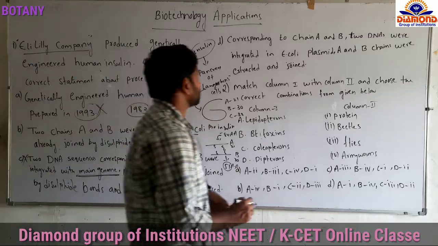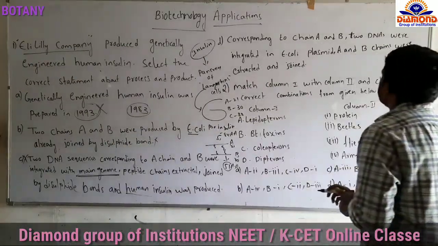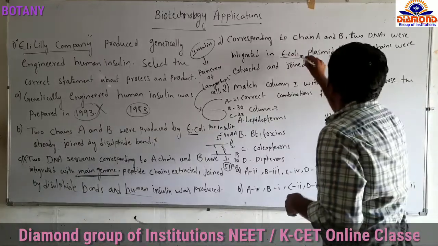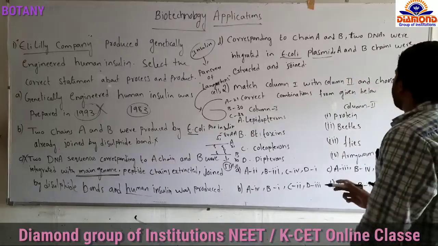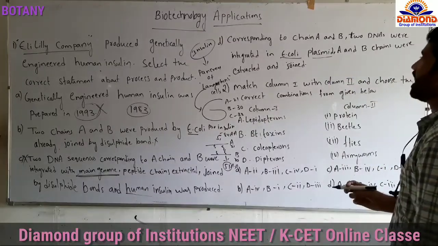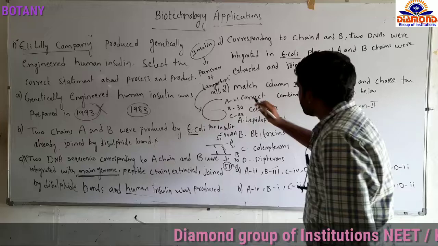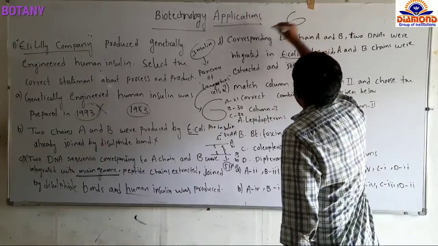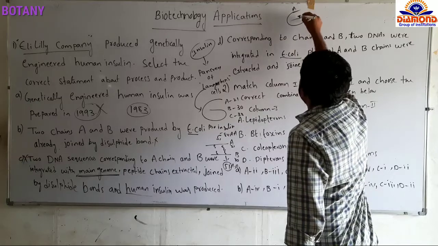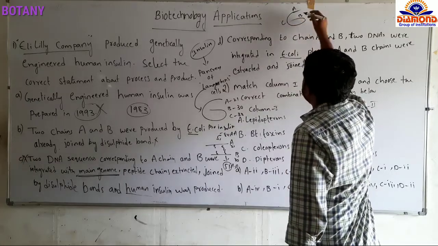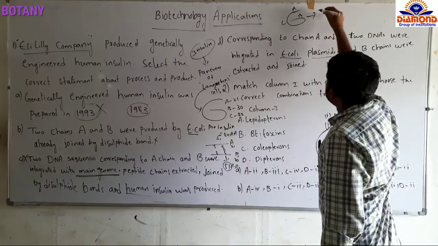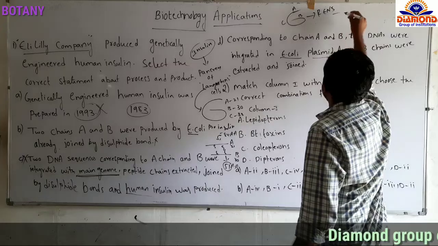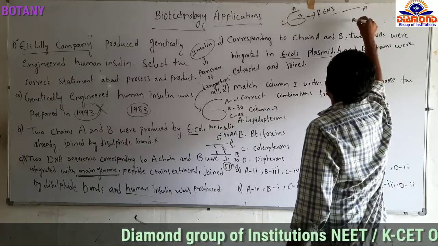And now we see option D: corresponding to A and B chain, two DNAs were integrated in E. coli plasmids, and the A and B chains were extracted and joined. Generally, proinsulin has A chain, B chain and C chain. These are separated, digested by restriction endonucleases, forming the A chain and B chain.